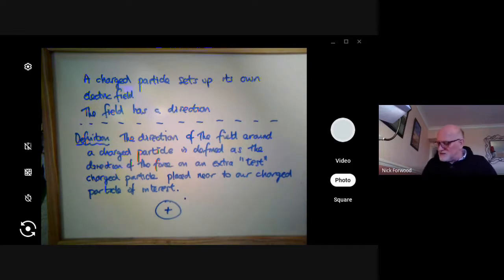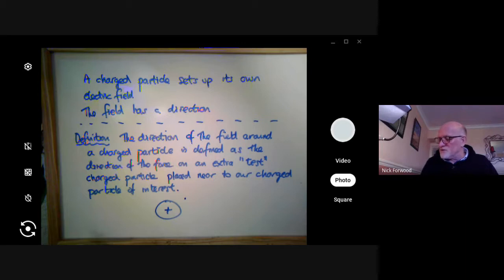And the test particle is always positive. You work out where the field of the particle we're interested in goes by testing it with a small positive particle.